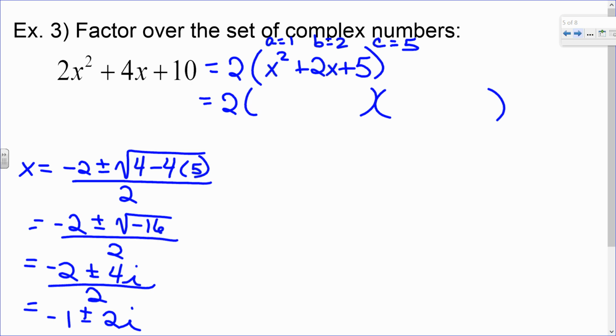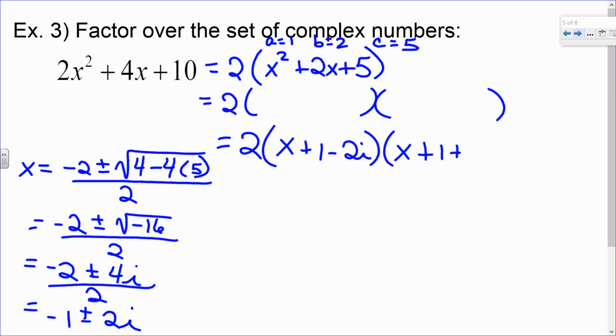Does that look right? That means my factors are, if you want to do it the short way, you can say x, change both of these signs, so plus 1 minus 2i, and x, change this to a plus, change the bottom one now, so both of those are pluses.